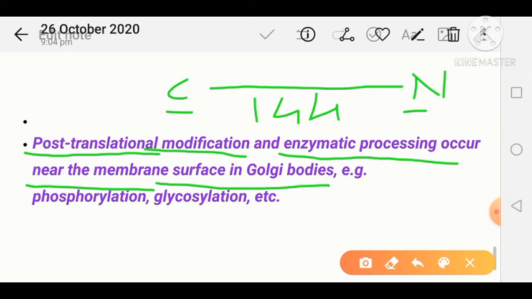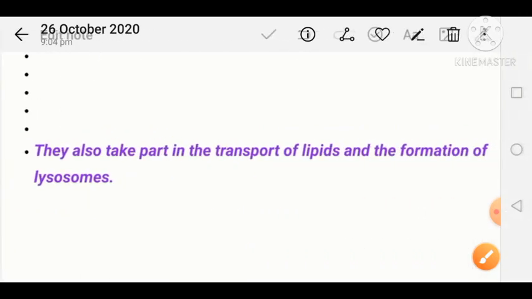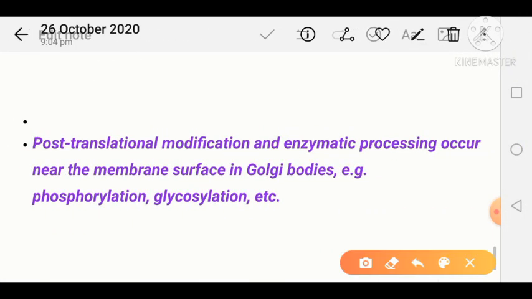Sometimes that protein is processed and cut to 100 amino acids. This modification is known as an enzymatic process, where proteins are cut, and when some amino acids are removed, then that protein becomes an active protein. This modification also takes place near or on the surface of the Golgi complex.